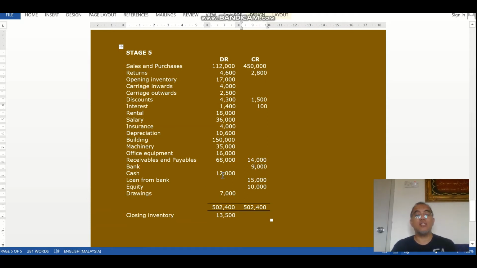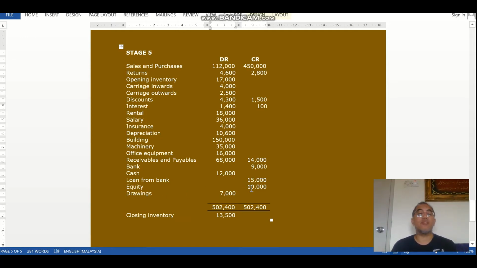Cash is 12,000 and cash should always be your asset, because you cannot have cash that is negative. It's absurd to have negative cash. So cash will always be positive and at the debit side. And loan from bank, that's your non-current liability, 15,000.